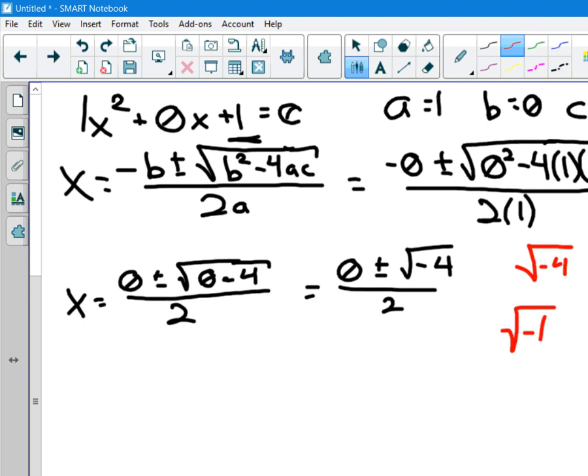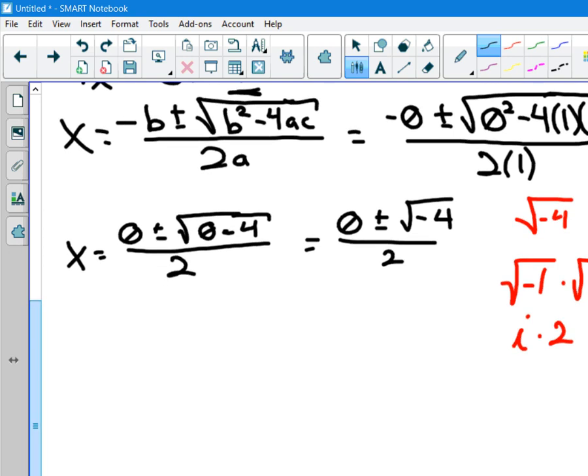So the square root of negative 1 times 4 is the same as the square root of negative 1 times the square root of 4. And the square root of negative 1 is i. The square root of 4 is 2. So i times 2 we frequently just write as 2i.